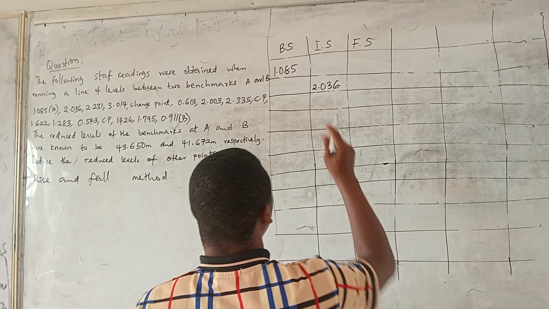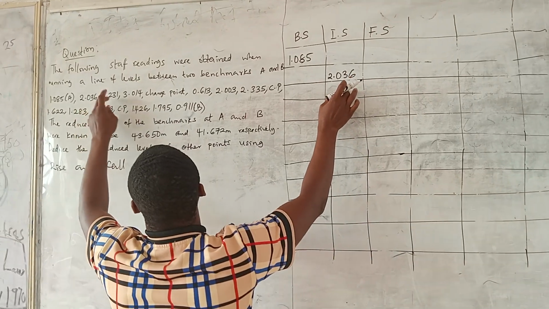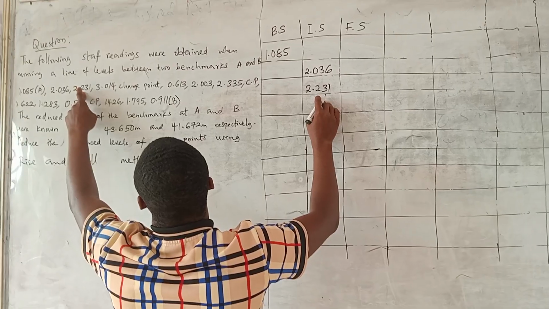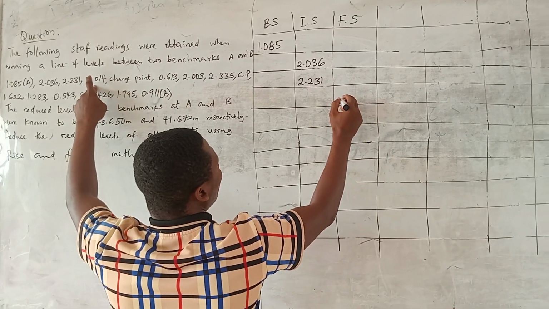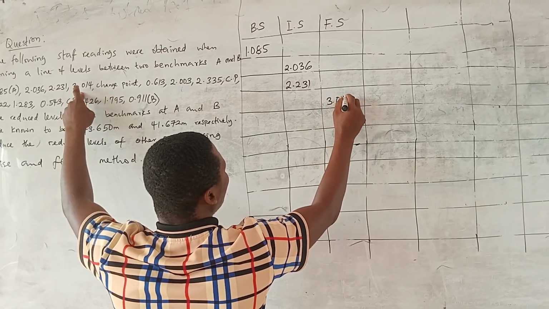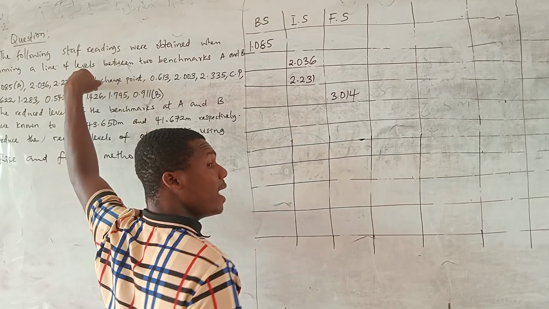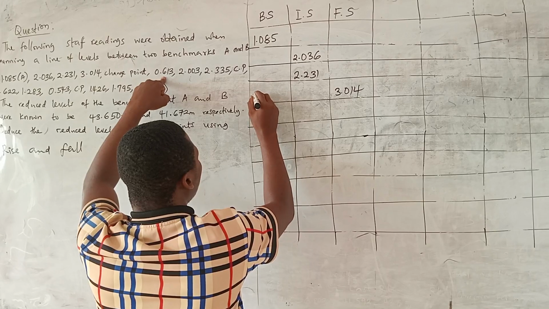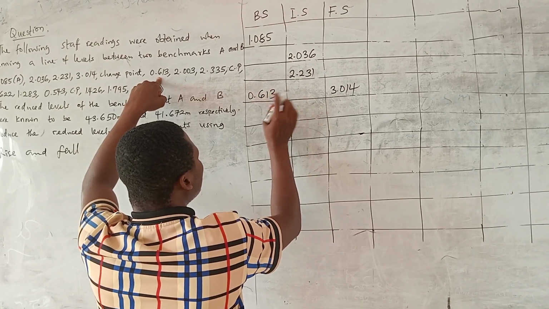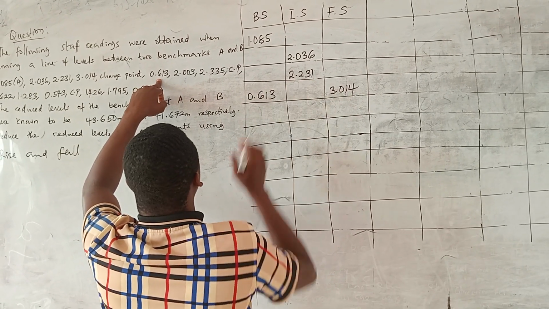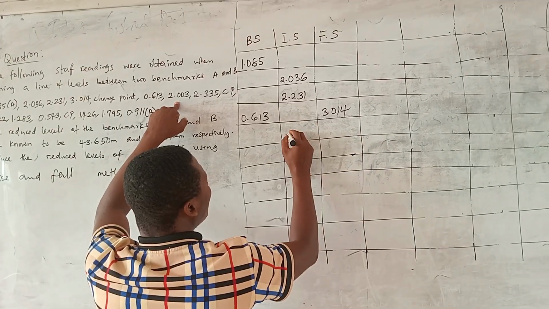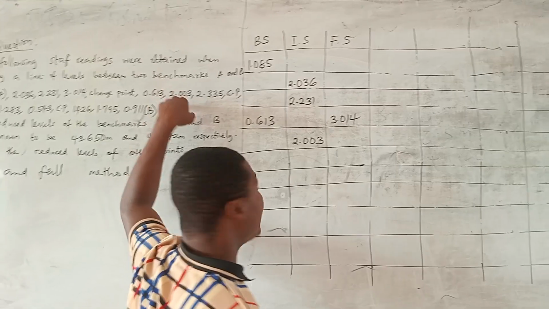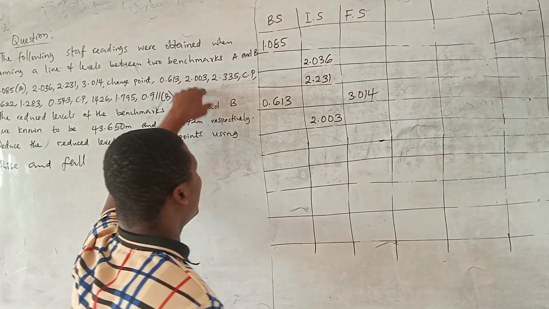Alright, so this one is an intermediate sight. Also, this one is also an intermediate sight. Then this one, which is the last reading before the change of instrument position, is a foresight. And immediately after instrument setup, you have backsight. So this point is a change of point. After this, we have another intermediate sight, which is 2.003.